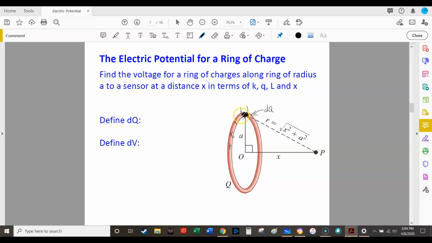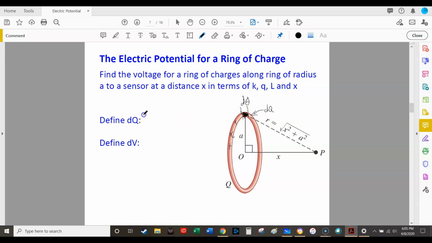This continuum of charges is changing along this entire length, which is 2 pi times the radius. So it's changing along the circumference of this ring, along dq, along d theta. We're going to call this whole ring theta.